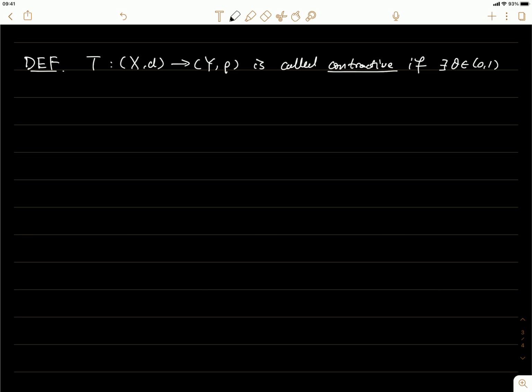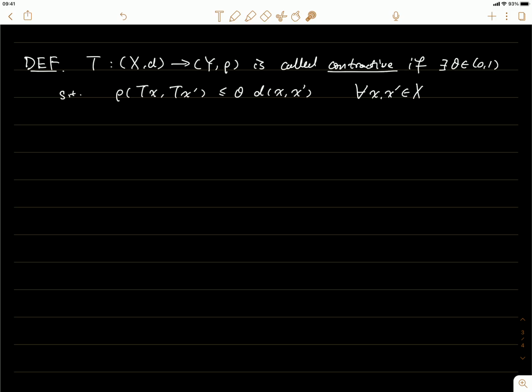Especially, it must be strictly less than 1, such that no matter which two points you pick from the space X, the distance after the mapping, which is in the space Y now, so we use rho here, is less than or equal to theta times the distance between the original two points. And this is called a contractive mapping.